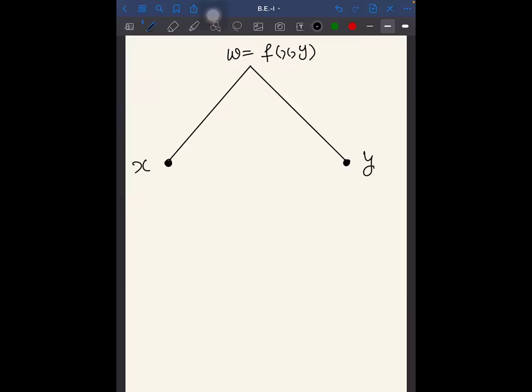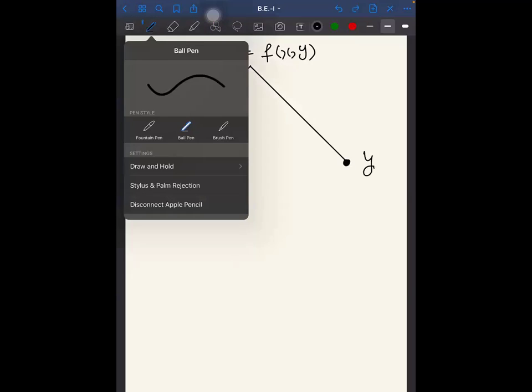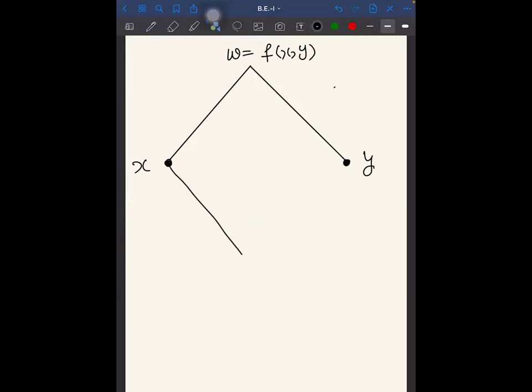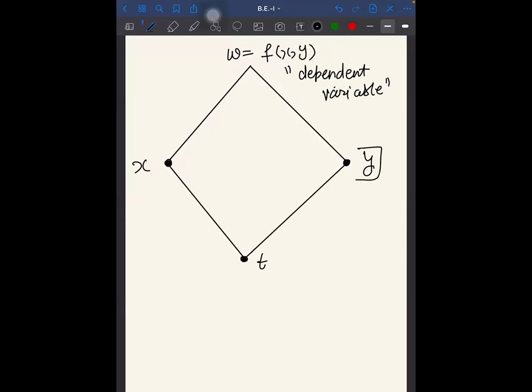Then your x and y are further functions of t. So this is your dependent variable. Always keep in mind this is your dependent variable, which is w. And these x and y, they are your intermediate variables.